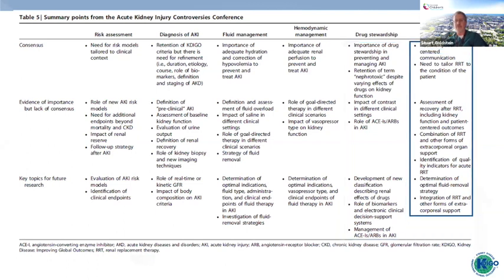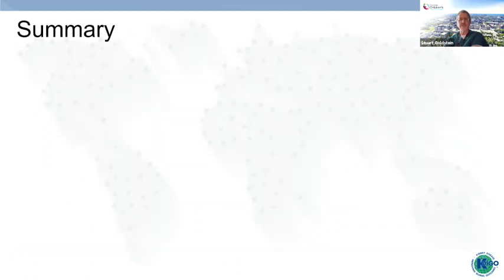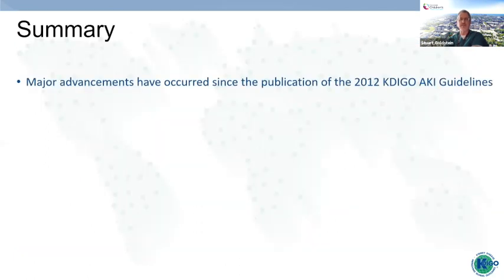And then finally, looking at the downstream effects of renal replacement therapy and the recovery after RRT. Are there things we can do to promote recovery? Are there biomarkers that can help us identify recovery and help us prescribe CRRT, again, on a more individualized patient basis? So in summary, I think it's clear there have been major advancements that have occurred since the publication of the 2012 AKI guidelines.